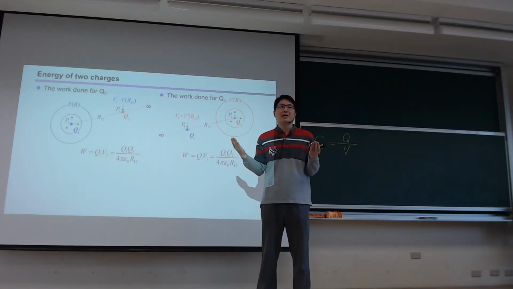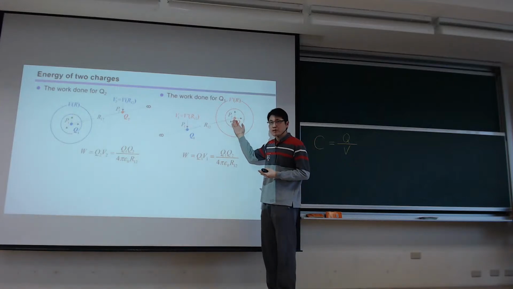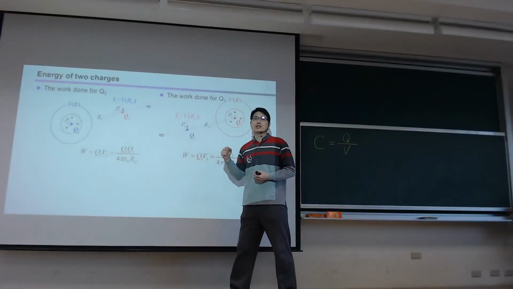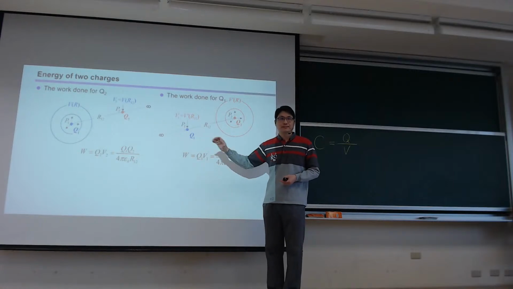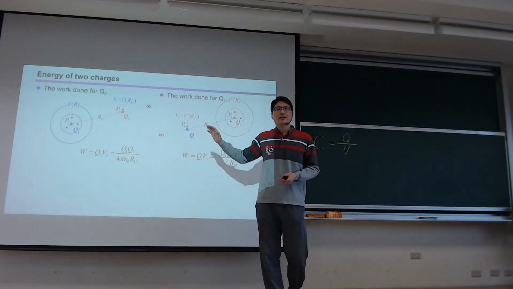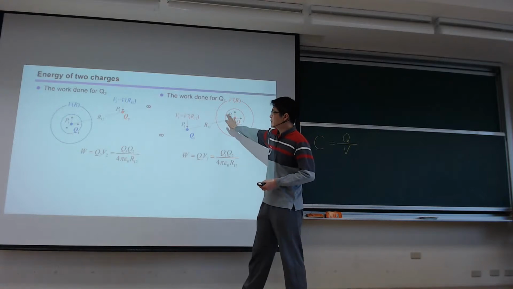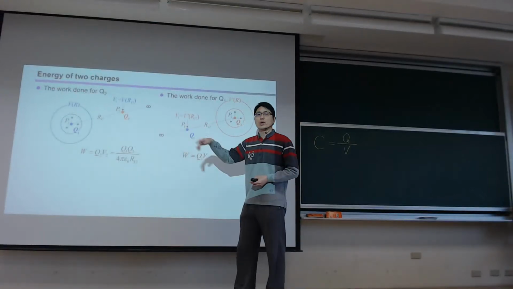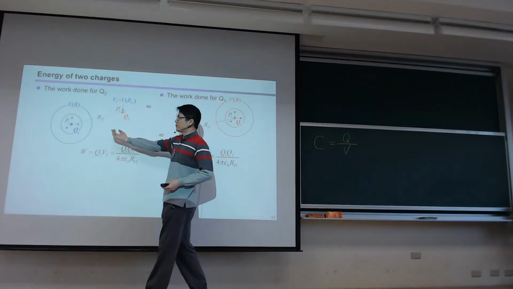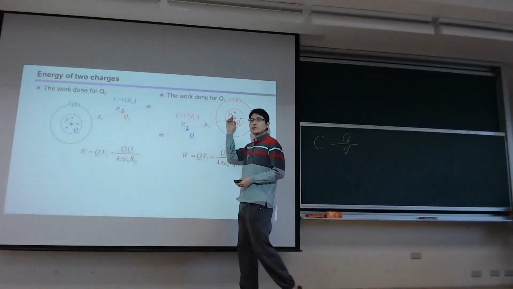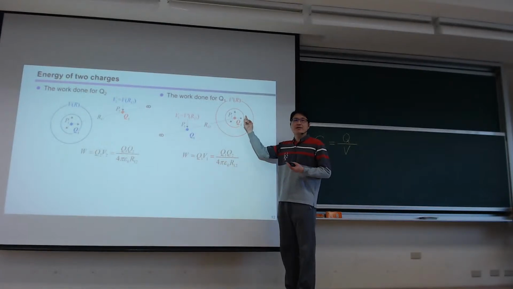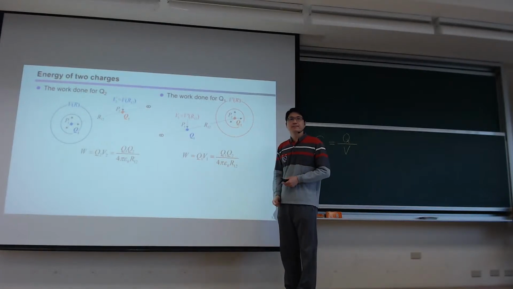It doesn't really matter which one is here first and which one you bring into this location. They're supposed to be identical. So whether charged particle 1 is present first or the second charge is there first, it doesn't matter.